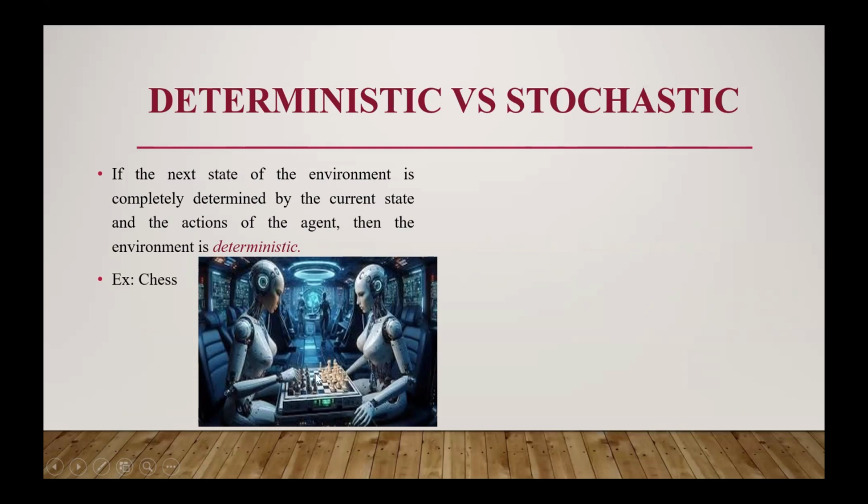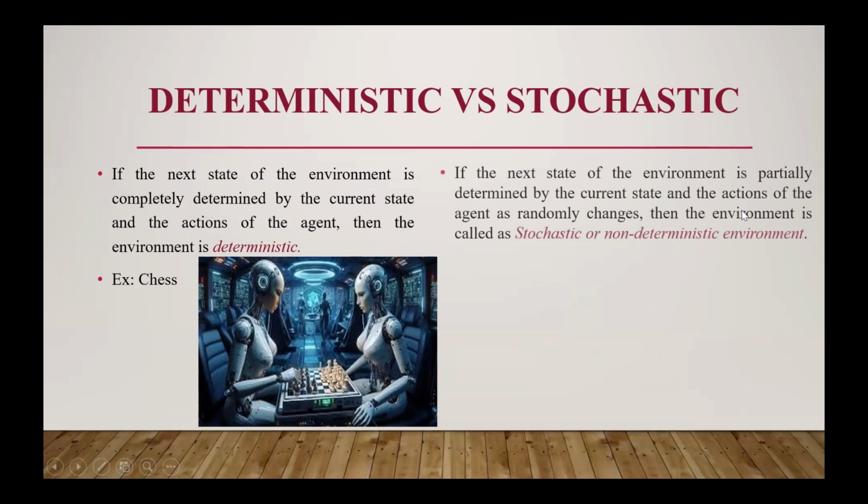The rules are well defined and each move made by a player has a clear and predictable outcome based on these rules. There is no randomness or uncertainty in the outcomes of a chess move because they follow strict rules. Both agents have to follow a specific rule, and according to that, they perform their action.